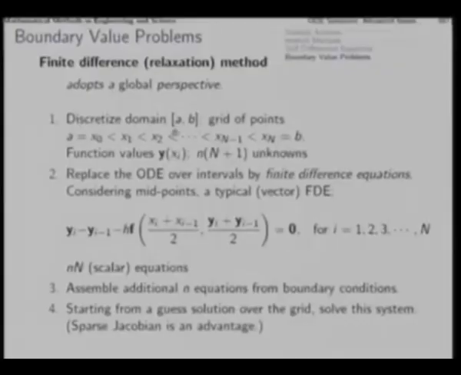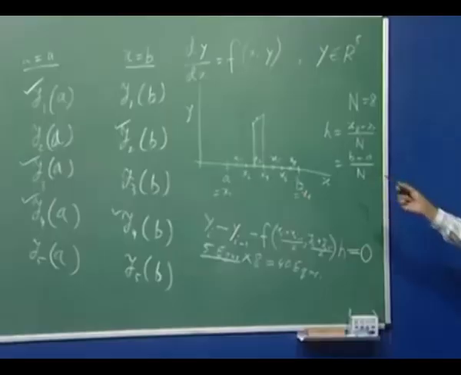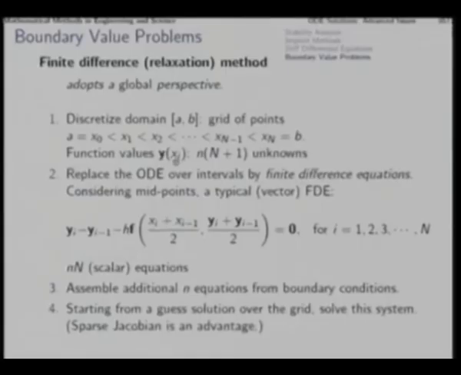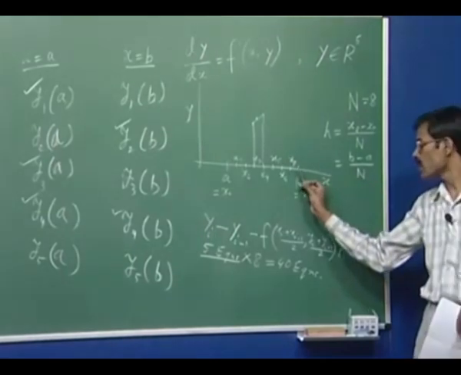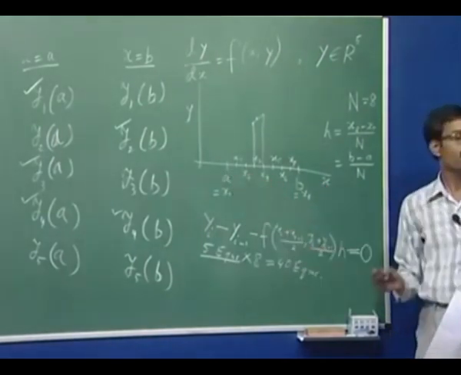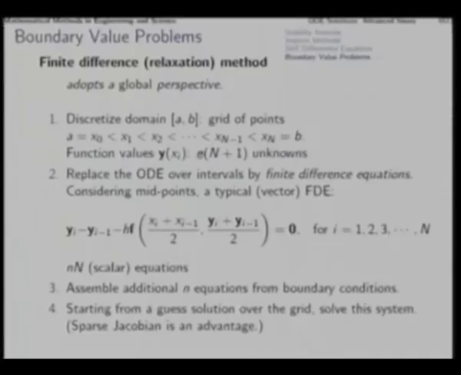So, what we do? We discretize the domain A B with a grid of points x0 to xN. N was taken as 8 in this example, right? Then function values at xi will mean n into capital N plus 1 unknowns, capital N plus 1 because capital N plus 1 points are there, into small n, which is the dimension of y. Now, we will replace the ordinary differential equations over intervals by finite difference equations, which will look like this, right?